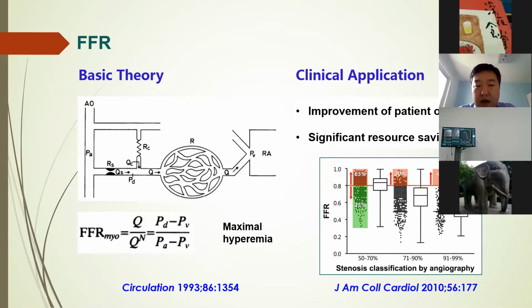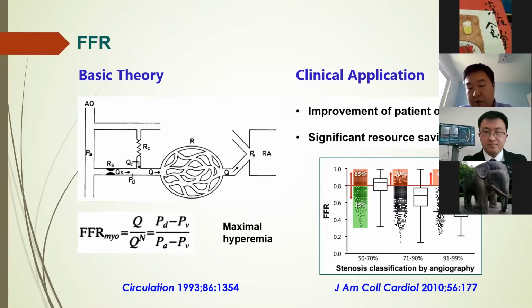In this slide, I'll first introduce some basic theory for the FFR. FFR equals Q over Qn. Q means the decreased flow rate in a patient with epicardial stenosis at maximal hyperemia. Qn is the flow rate in the patient when he was in the normal case.